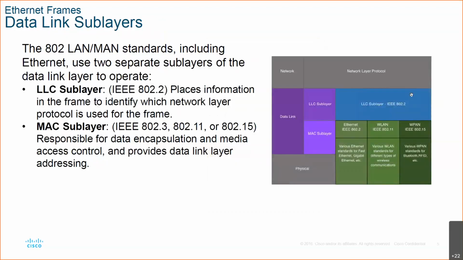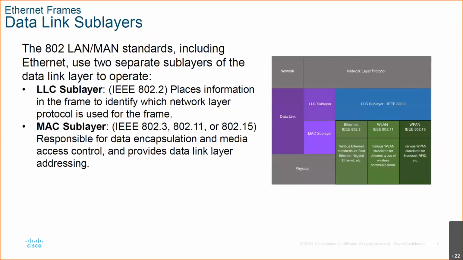Now, the 802 LAN or MAN standards include Ethernet. Ethernet is a special kind of local area network. Again, as we studied, it has two sublayers. One is LLC, logical link control, and the other one is MAC, media access control.